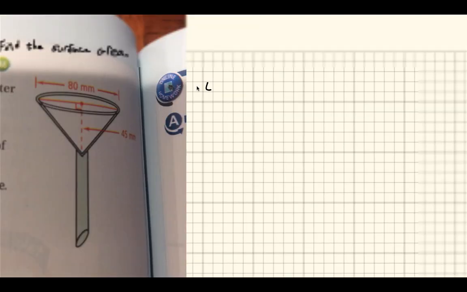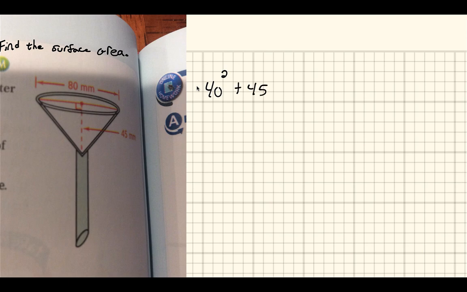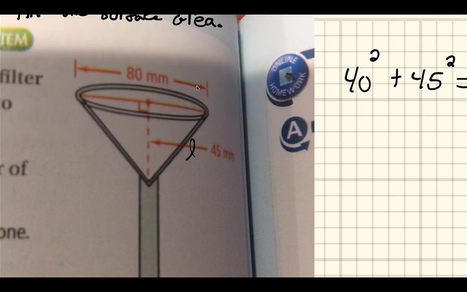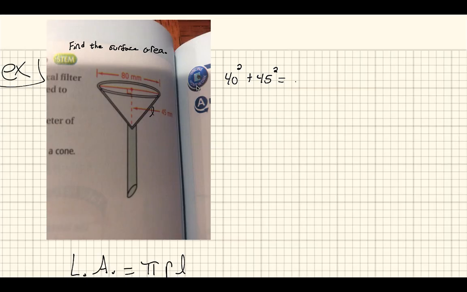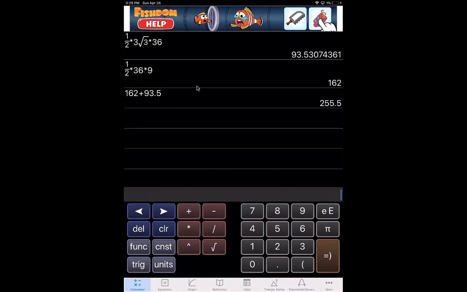So I can say 40 squared plus 45 squared equals, let's call this L, L squared. That's my a squared plus b squared equals c squared formula, the Pythagorean theorem. So let's figure out what that is.